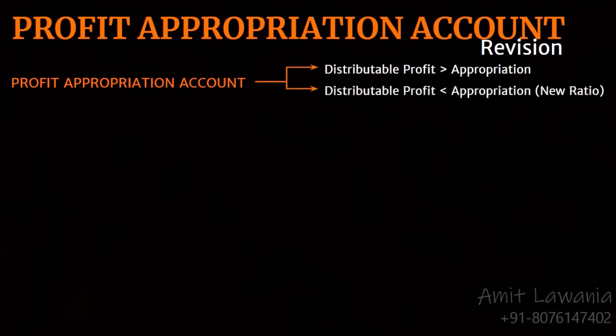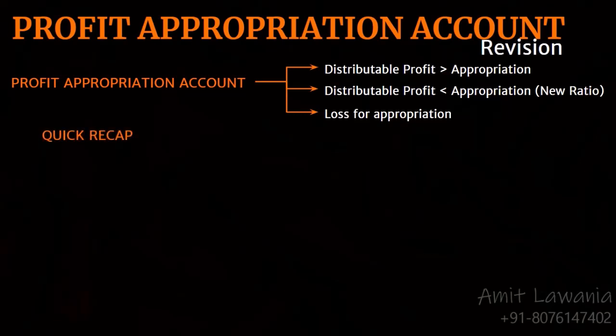Then in the second situation, we saw that profit for appropriation was inadequate, leading us to use a new ratio, which we got from box 2. And third, when the firm was running in loss. Easy to make the profit appropriation account. Just post entries on the credit side and distribute among partners as per the agreed profit sharing ratio.